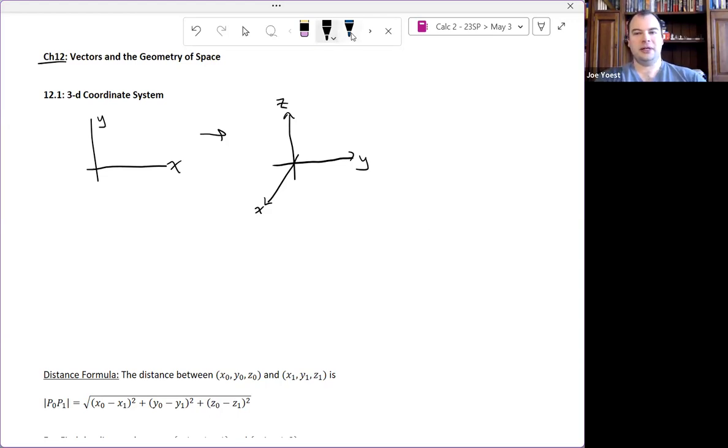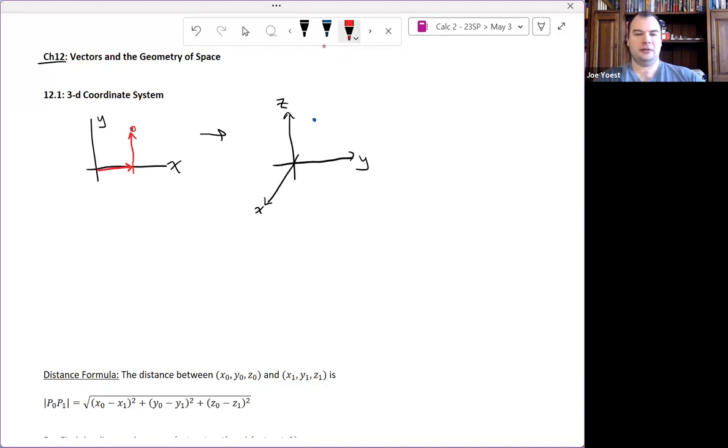We can talk about a point in the 3D coordinate space. If we were talking about a point in 2D coordinate space, we would say, how do I get to that point? I go along X out to a certain value, and then I turn and go parallel to Y to get to this point.